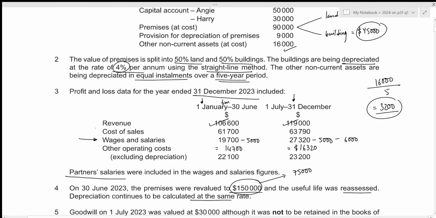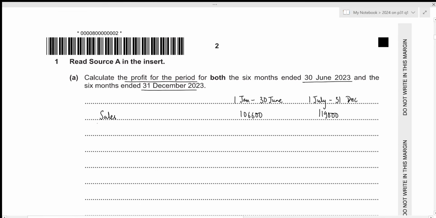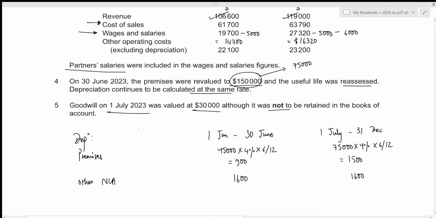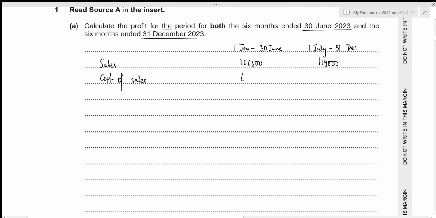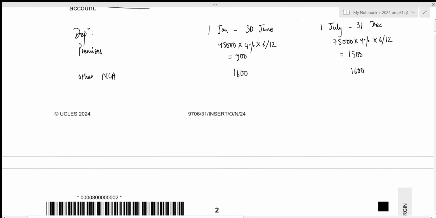We have the cost of sales as well. So we just need to subtract the cost of sales in order to get our gross profit. Let's write it down. The cost of sales for the first half is 61,700. Then the cost of sales for the second half is 63,790.